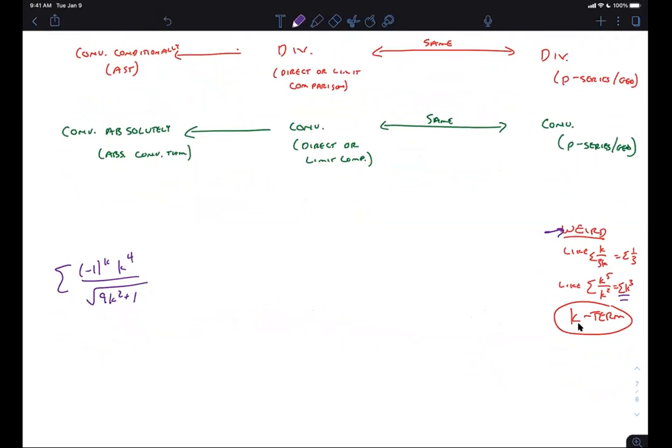So I would say, okay, the limit as k approaches infinity of the absolute value of a_k is equal to the limit as k goes to infinity of k to the 4th over the square root of 9k squared plus 1.